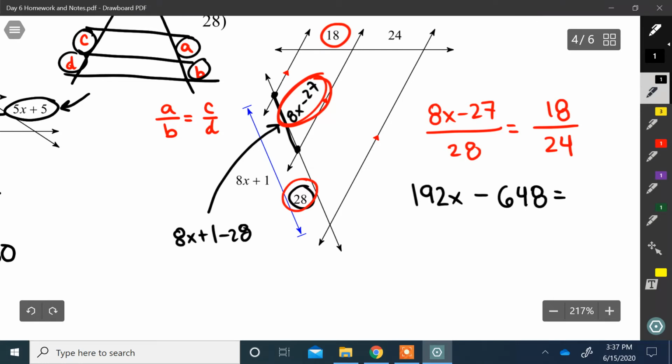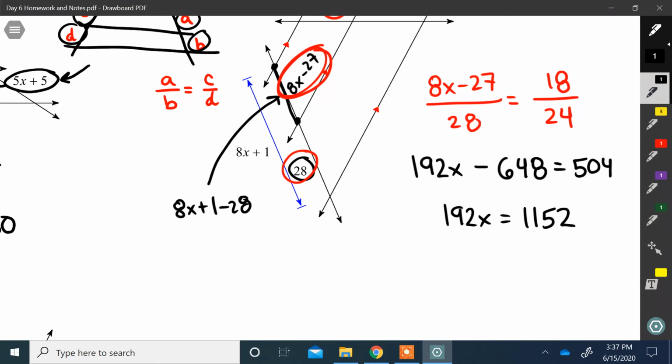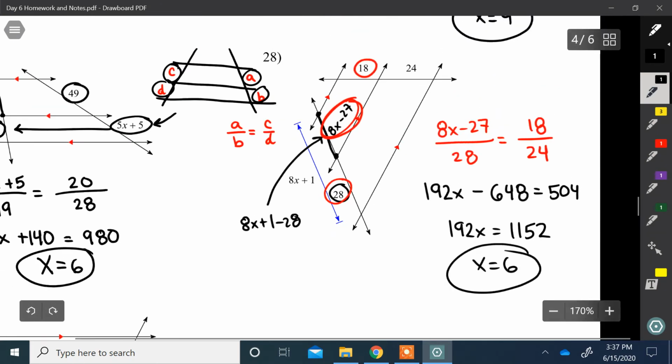And then 28 times 18 should be 504. Add 648 on both sides. So 504 plus 648 should be 1152. Divide by 192. And once again, we get 6 as our answer.